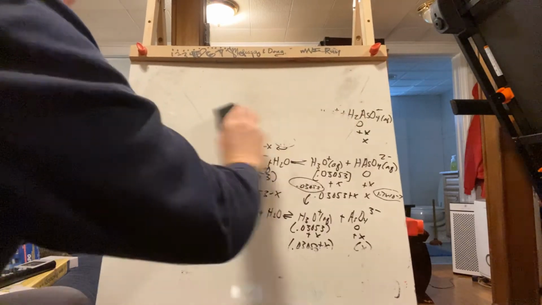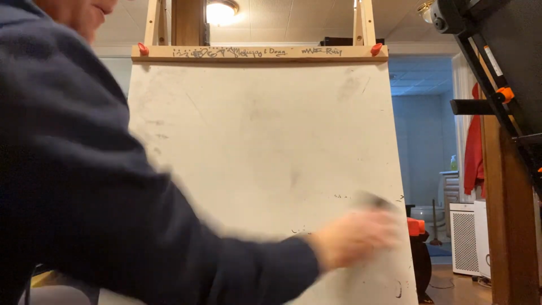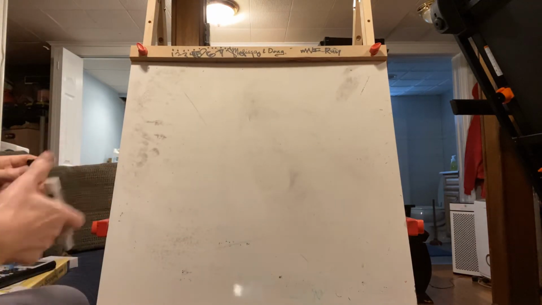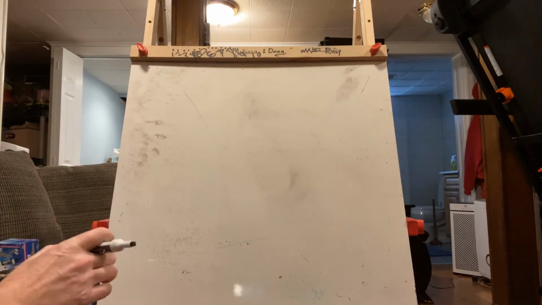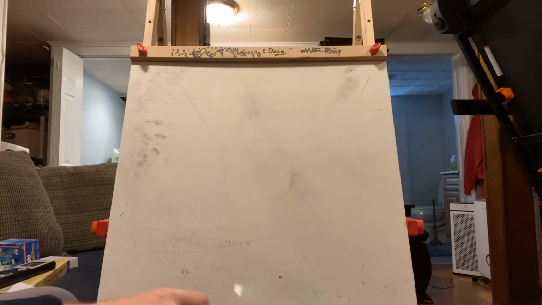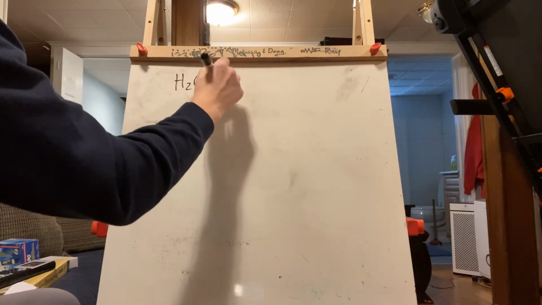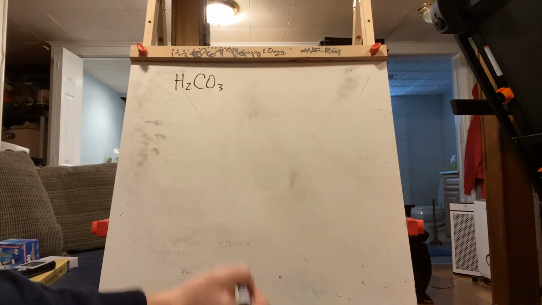Okay. And then the last thing I just want to do is, okay, this is kind of a totally separate question. I want to look at H2CO3 for a second.